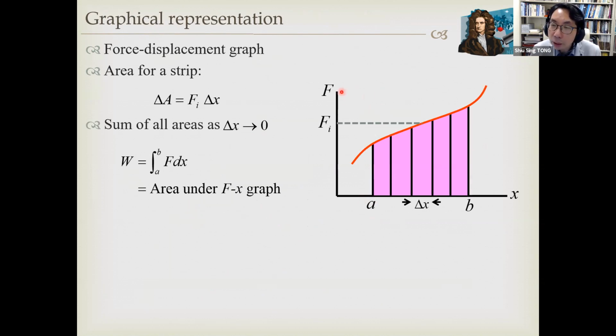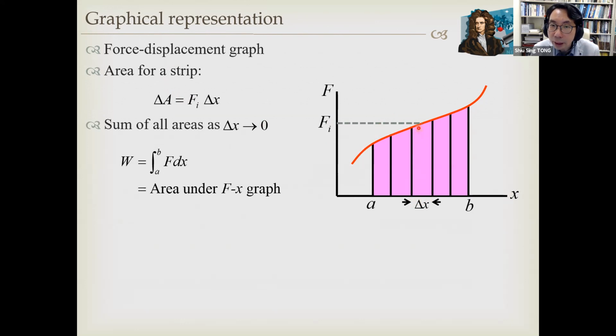Now, if you plot a graph of F versus x, the F may change like this. Suppose F is changing with x like this, and the force in the i-th step will be Fi, which is this value. Then delta x will be a small space interval covered by the object in this interval.